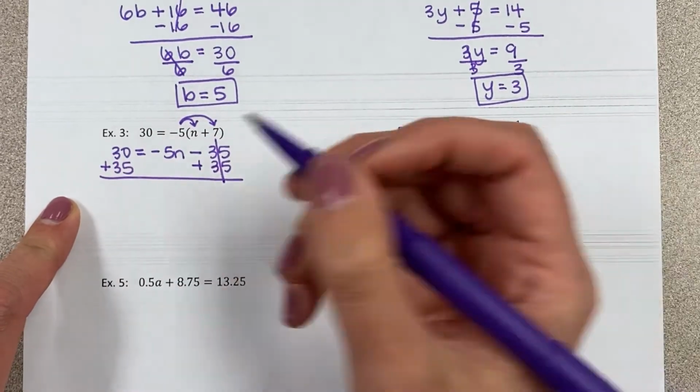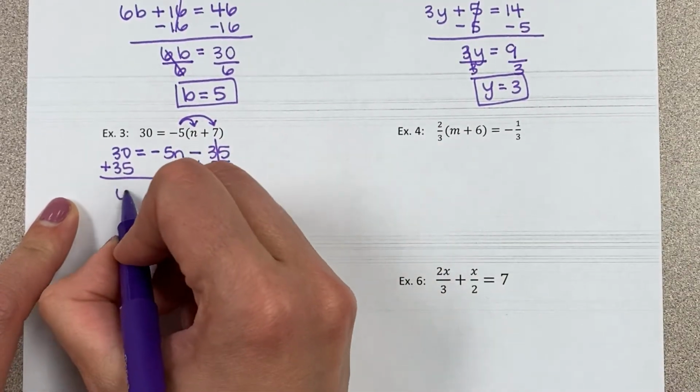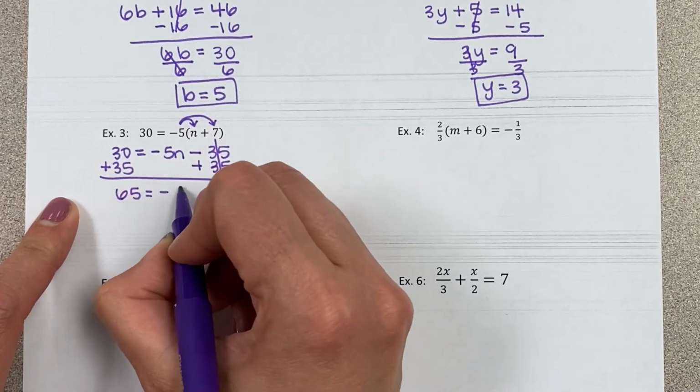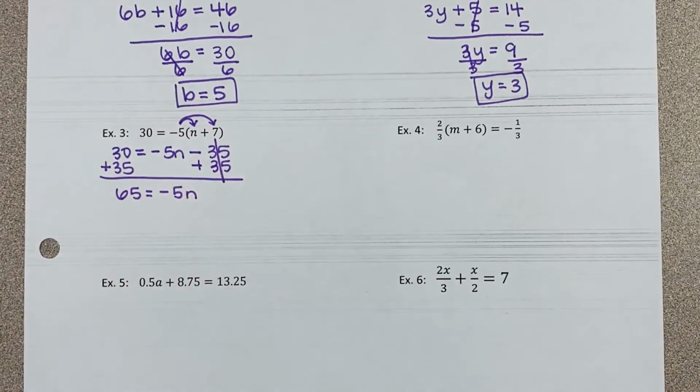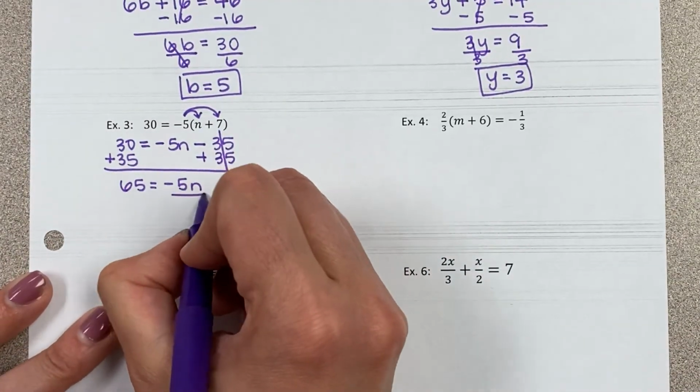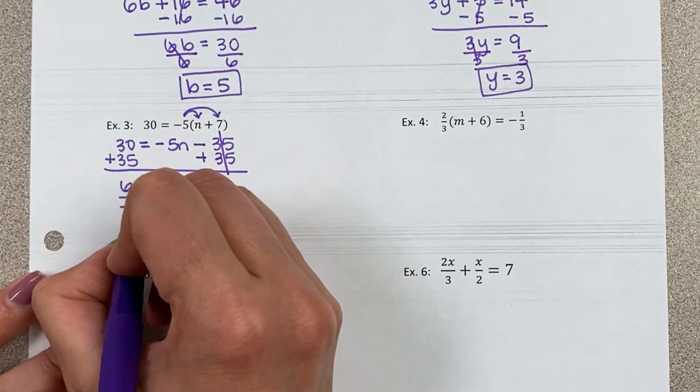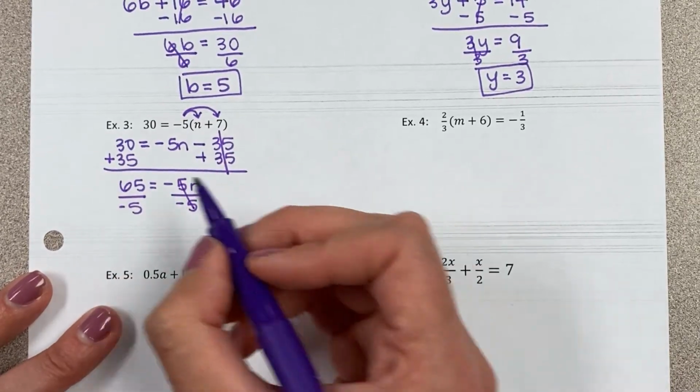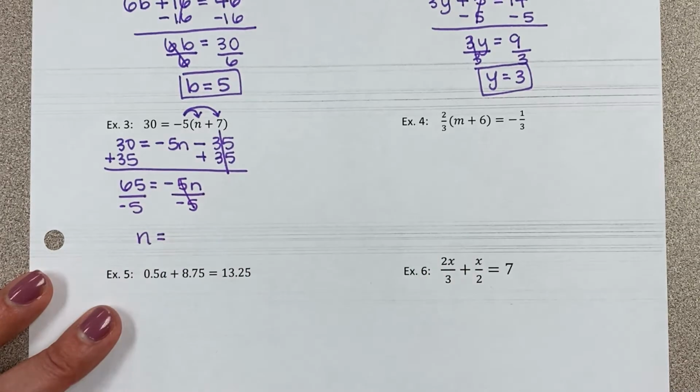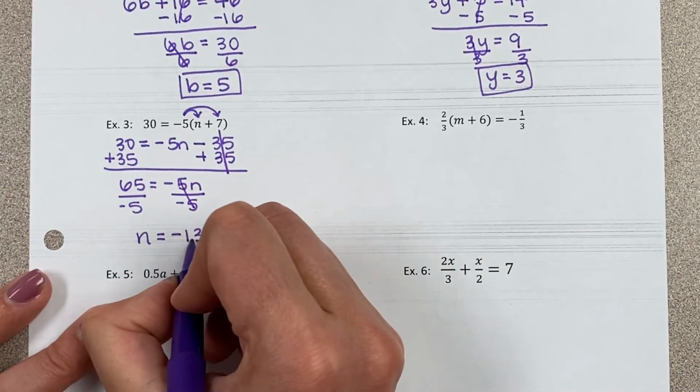That cancels out. 30 plus 35 is 65. That equals negative 5n. Divide by negative 5. And I always put my variable on the left. 65 divided by negative 5 is negative 13.